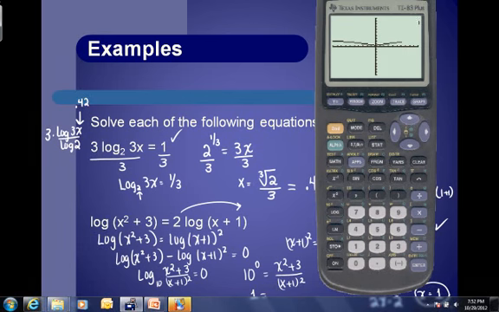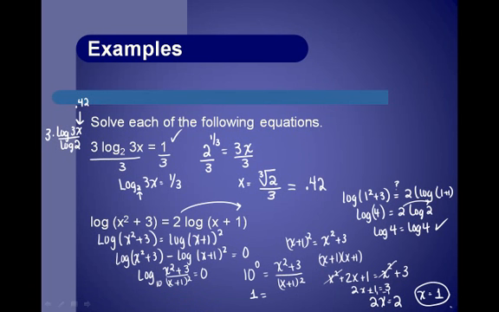There's the log of x squared plus 3. The second one that came in was 2 times the log of x plus 1. We're going to find where they intersect, so we're going to do second trace number 5, enter for the first curve, enter for the second curve, we don't want to guess, and we get x is equal to 1.